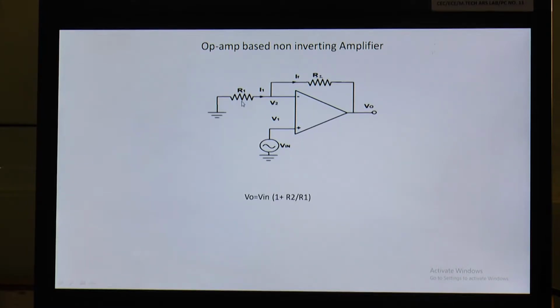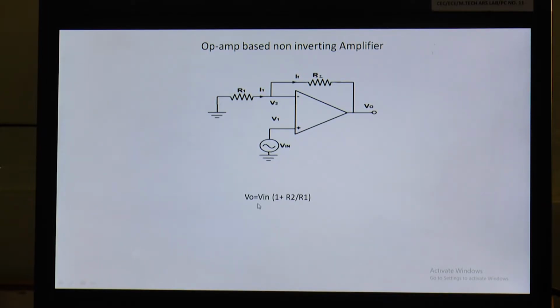R1 is my input resistance, and this R1 and R2 will work as a voltage divider circuit that will feed back some part of Vout at this V2. And you know that the output of a non-inverting amplifier Vo is equal to Vin times (1 + R2/R1), where R2 is my feedback resistance and R1 is my input resistance, and Vin is the value of voltage whatever we have applied.